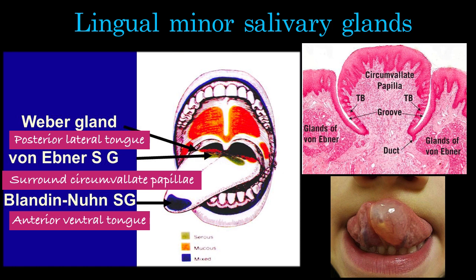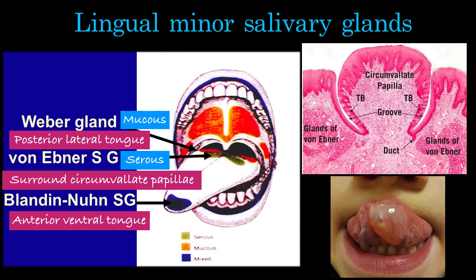What about the type of secretion? We agreed that most of the minor glands secrete mucus saliva. If we see here, the Weber glands will be like most of the other minor glands. They secrete mucus secretions, while the von Ebner glands secrete only serous secretion.